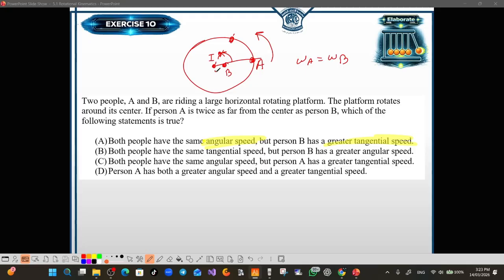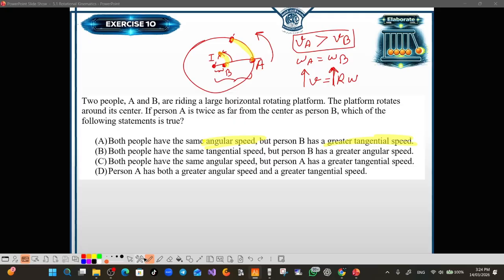Now, since the radius here is smaller than the radius there, and we know that the linear speed is related to the radius and the omega, since we have a fixed omega, the larger the radius, the higher the linear speed. So we can say the V of A is greater than the V of B. Another reason is that the distance traveled here is larger than the distance traveled there.